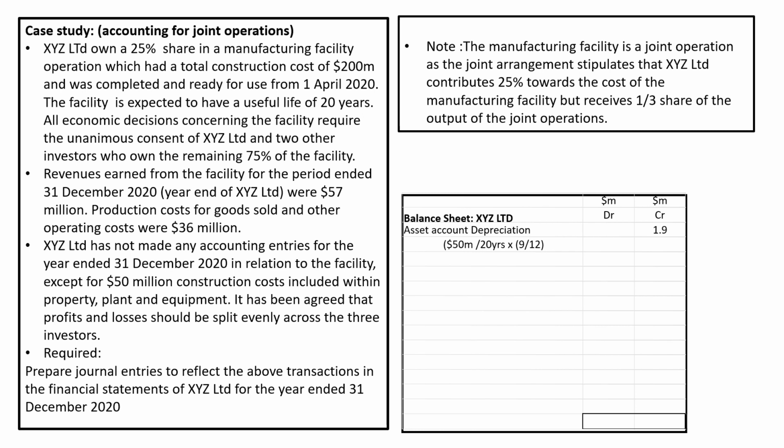That gives us a figure of 1.9 million, and in the income statement we would show an operating cost of 1.9 million.